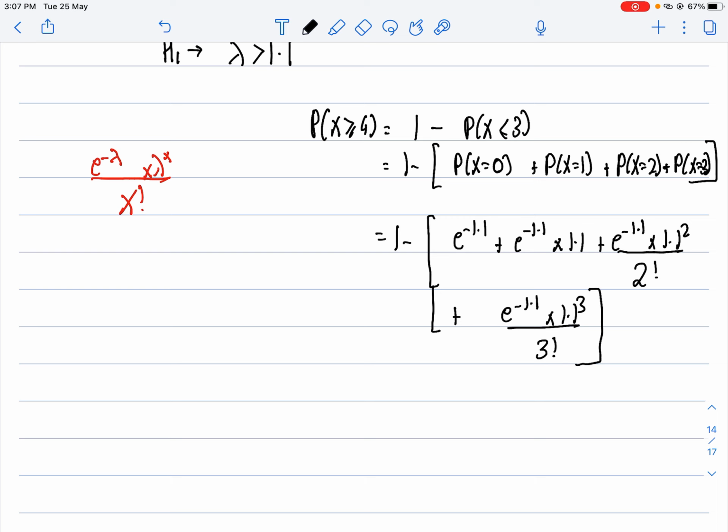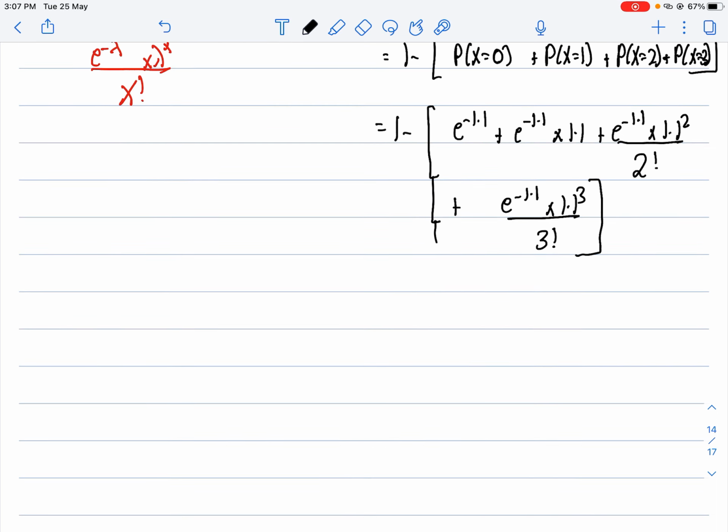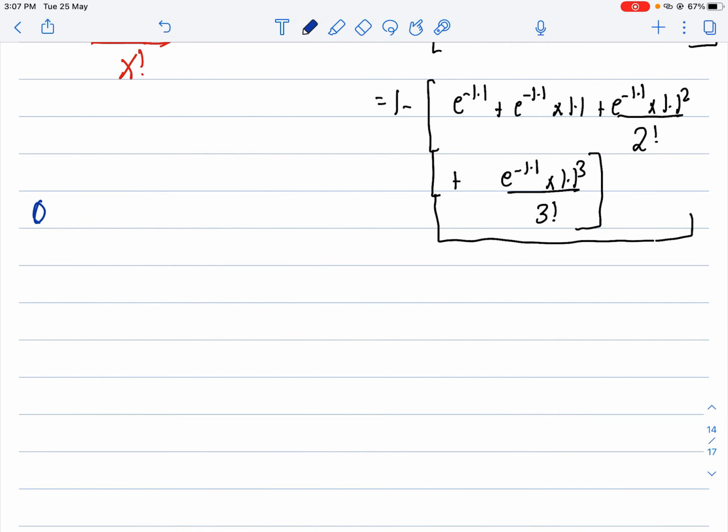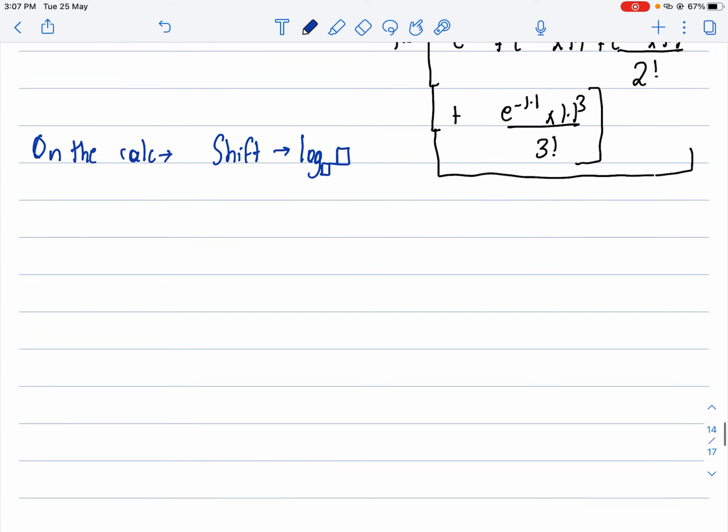Now, rather than writing this full thing on the Calci for the summation, I can tell you a simpler method. On the Calci, click on shift and then click on the log button, which looks something like this. When you do that, you'll get a summation sign with a box and a bracket.